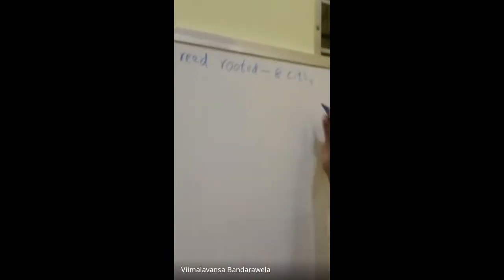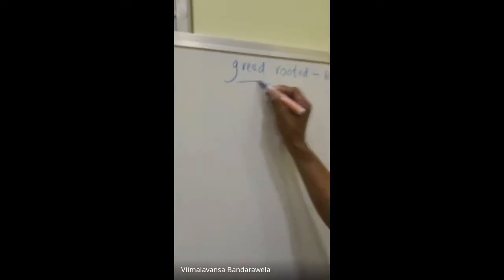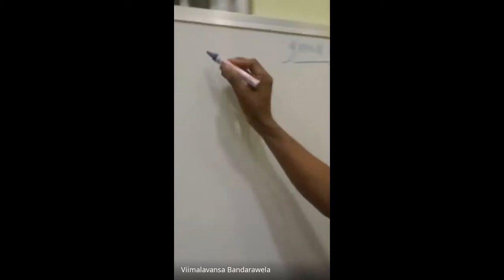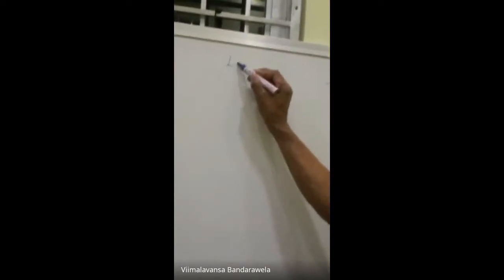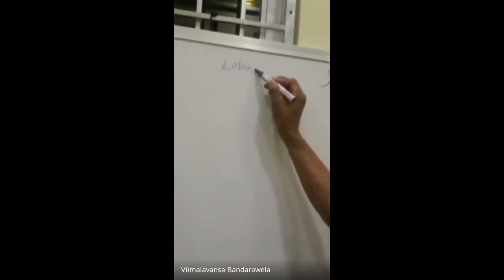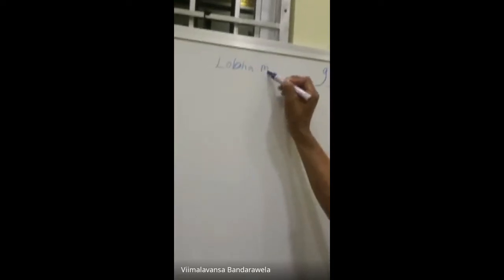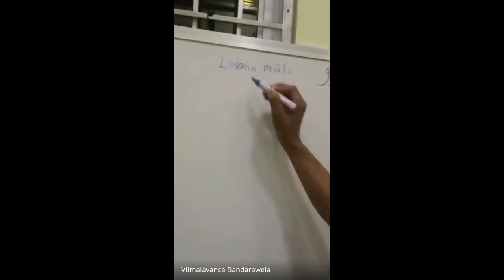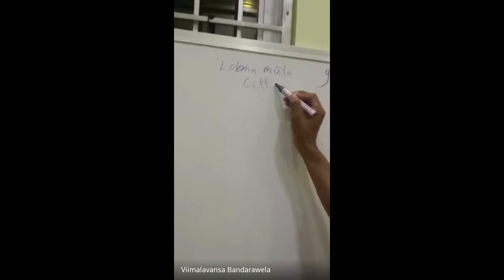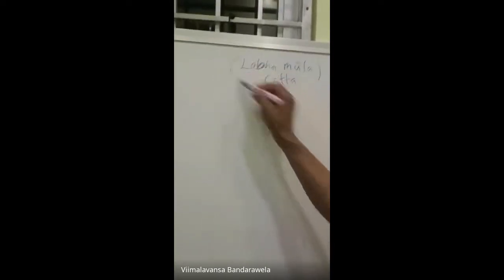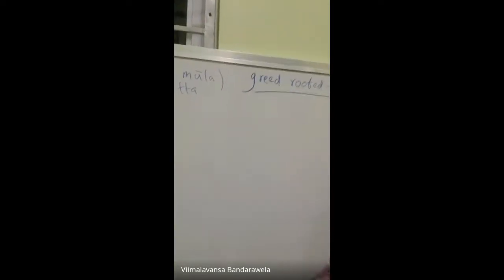Greed-rooted 8 consciousnesses, 8 chitta, or lobha mula consciousness, right? Lobha mula chitta. So there are 8 types of lobha mula chitta.